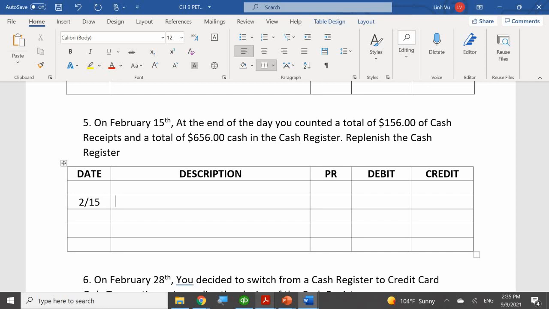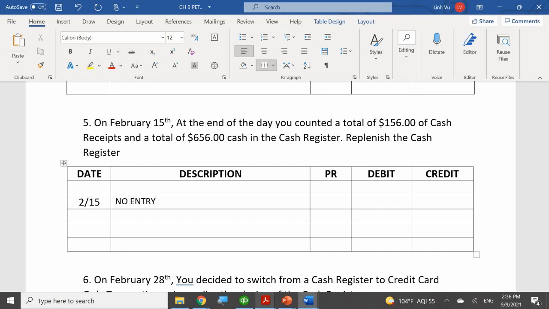Would this also be like the petty cash where we don't make an entry for it? Yes. You don't need to make an entry, but think about it. Are we actually taking money away from the register? No. So therefore, no entry is necessary.